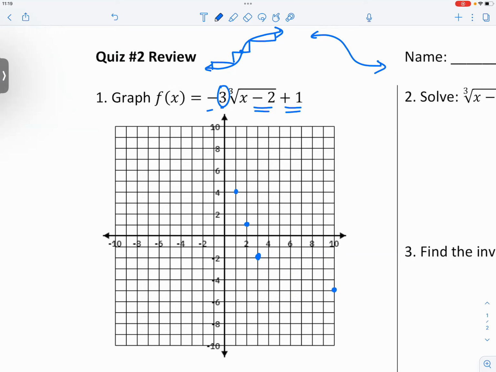Okay, and then we will go to the left 7 units and up 3 units. Okay, so we have this graph right here, and we have this graph right here.